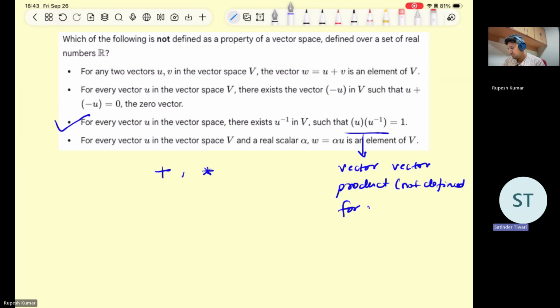Like one question: an inverse may be there in the vector space, may not be there. No, that statement will be true. If you take any vector in the vector space, the inverse of that vector may be there or may not be there. It can also be possible.